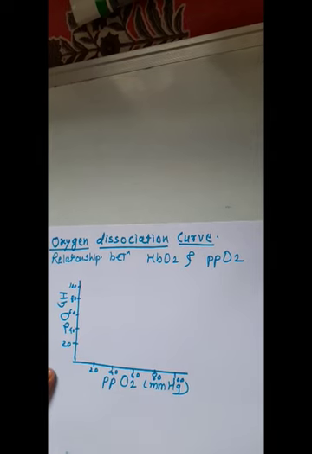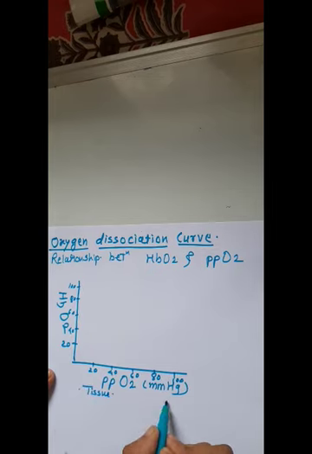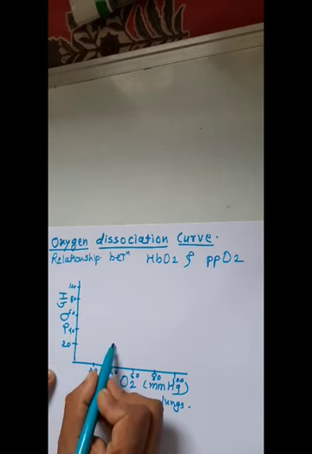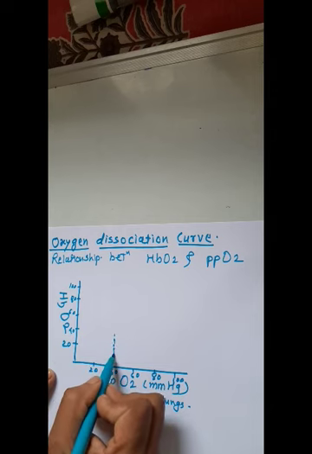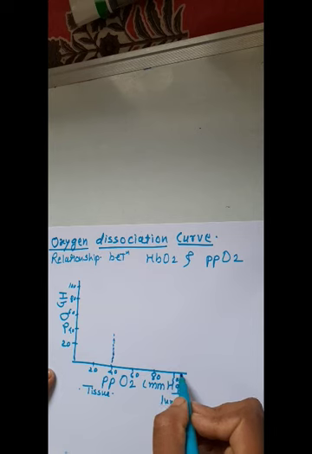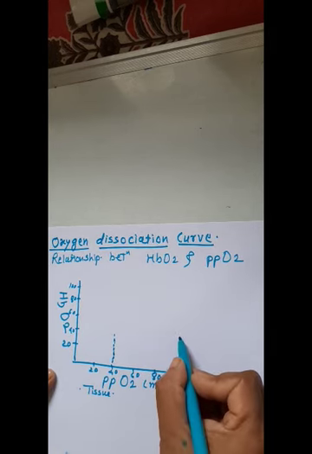So when it is plotted, you know that in the tissue level and in the alveoli level, also called the lungs level, generally in the tissue level the oxygen tension is about 40, and in the lungs the oxygen tension is about 104.